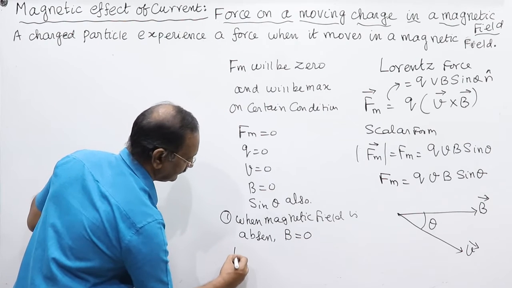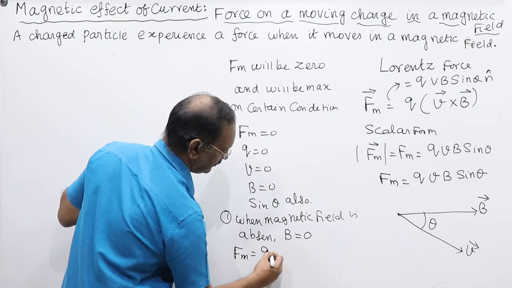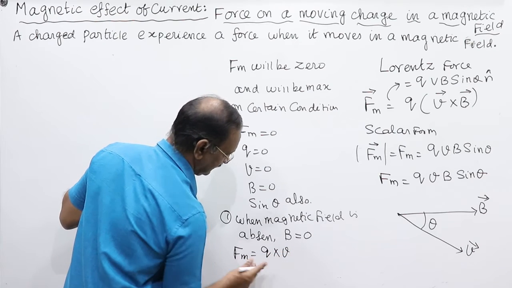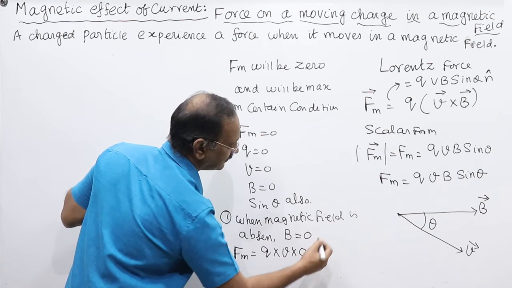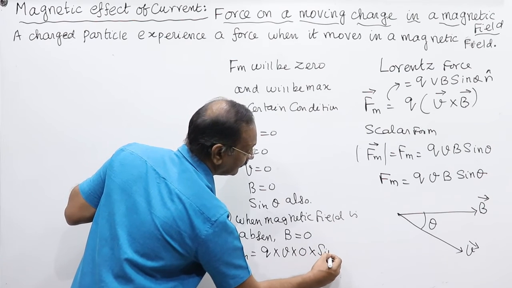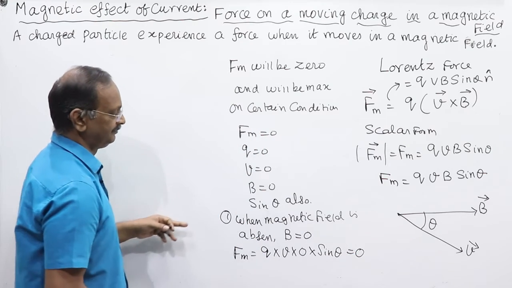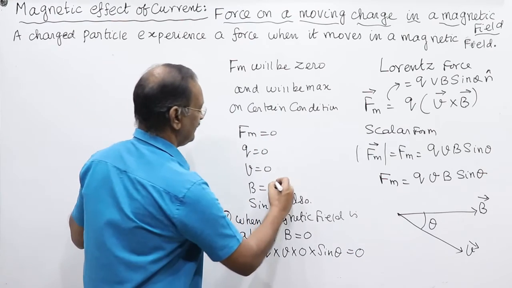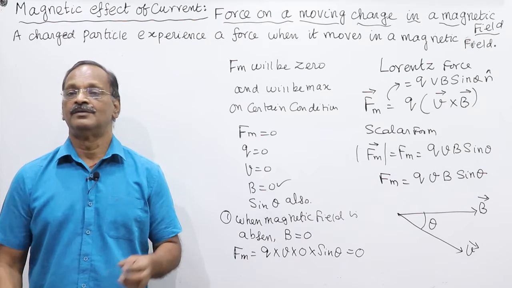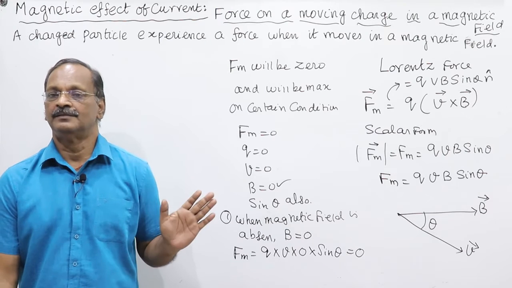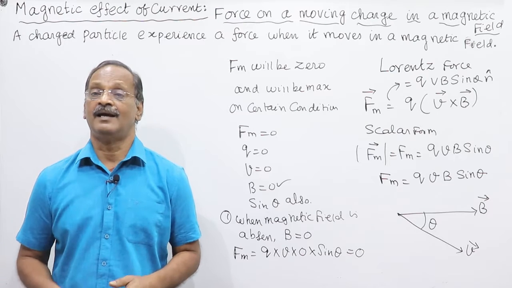In that case, the magnetic force is equal to Q into V, here we are writing in magnitude form, into B, which is equal to 0, into sine of the angle, which is equal to 0. It means the first condition: when B is equal to 0, the net magnetic force on a moving charge is equal to 0. Also, if the charged particle is at rest.